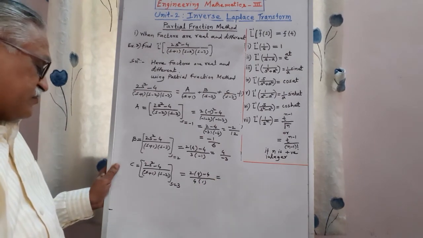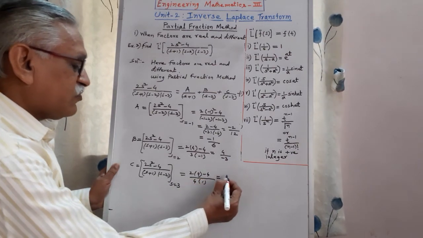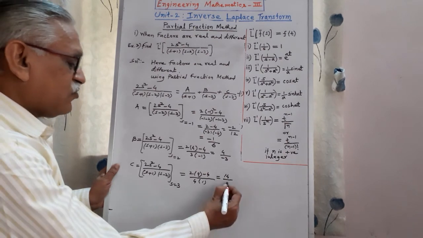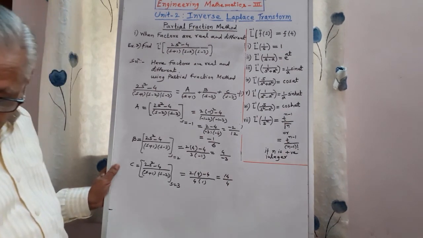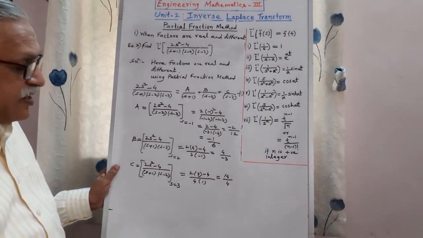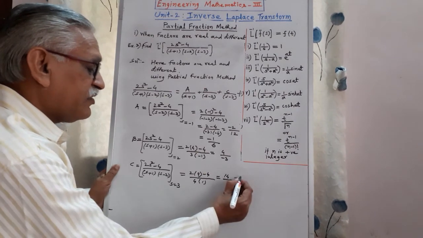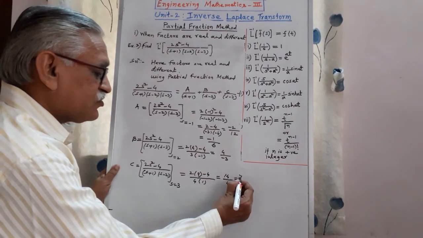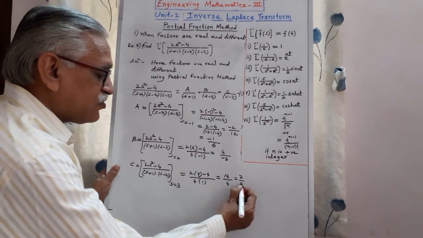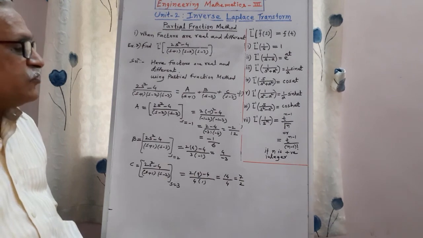Therefore it is 18 minus 4, which is 14, upon 4. Dividing by 2, we get 7 over 2. Therefore, that value in simplified form is 7 by 2.